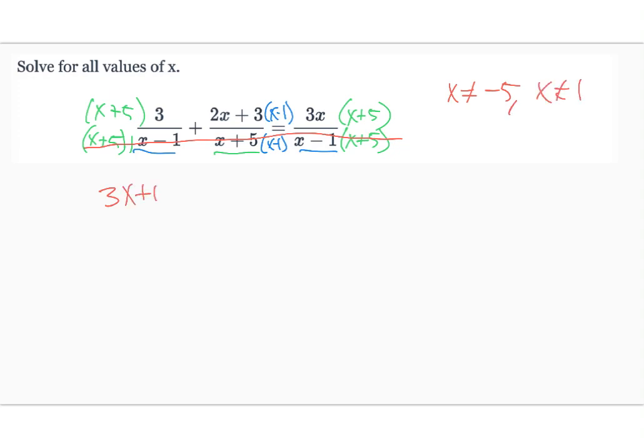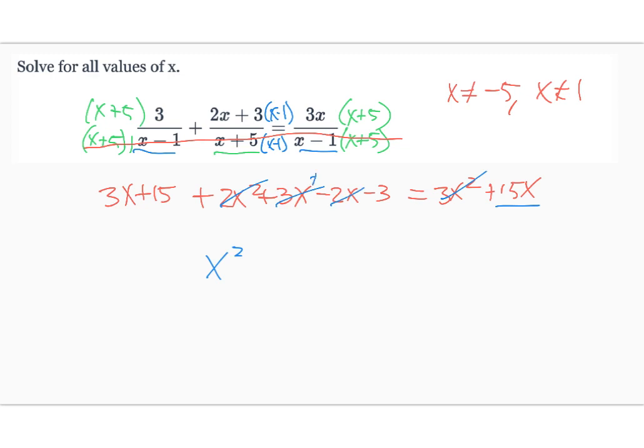We end up with 3x plus 15, plus, we got to do some distribution here, 2x squared plus 3x minus 2x minus 3. And that's equal to 3x squared plus 15x. I'm going to bring everything onto the right side, and that leaves us 3x squared minus 2x is going to be x squared. 15x, that's plus 1x, minus an x is going to be 14x, minus 3x is going to be an 11x.